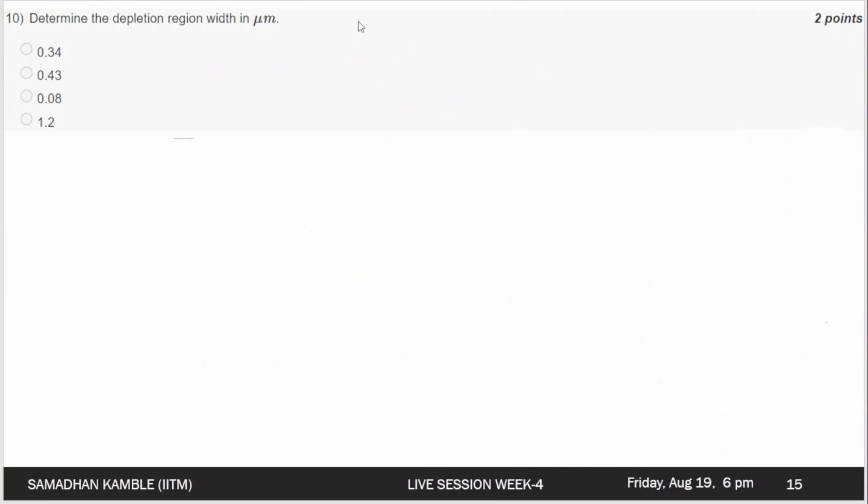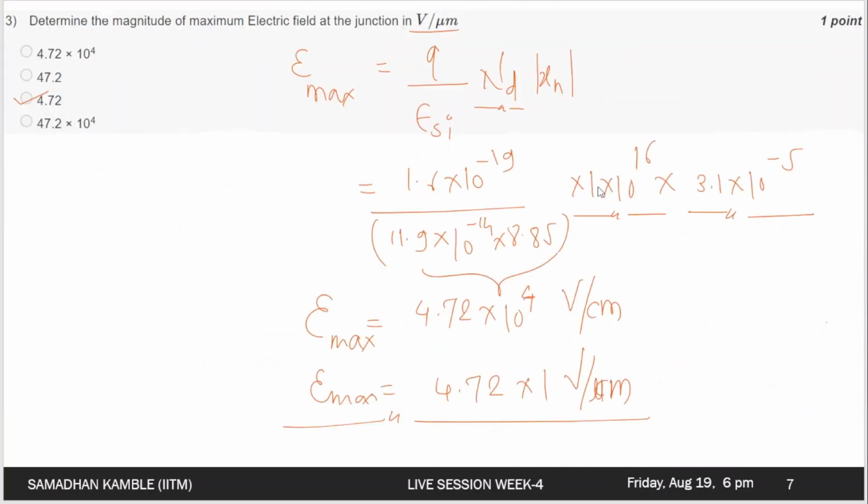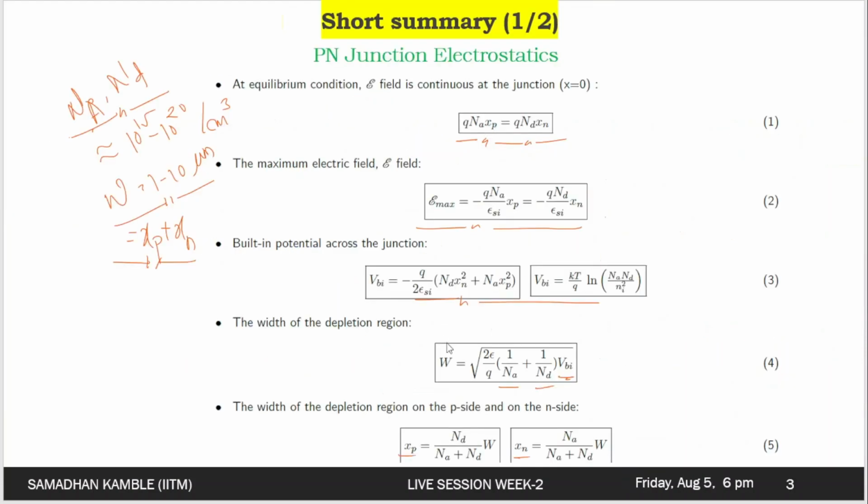So we need to find the total depletion width W. For W we know the relation, which is a function of the doping concentrations of acceptors and donors, and also the built-in potential.